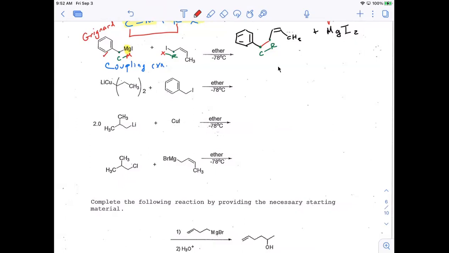And then we're also going to expand this and talk about organometallics not just doing coupling, but also being used to react with carbonyl. So that's the next step in this progression. I'm not going to send that video over the weekend. I'll send it next week.